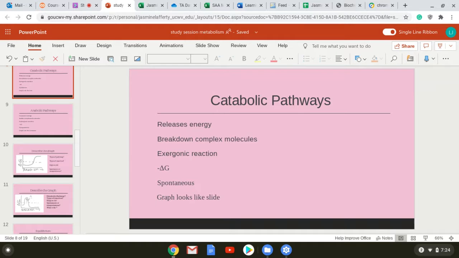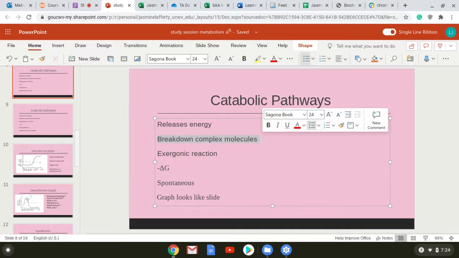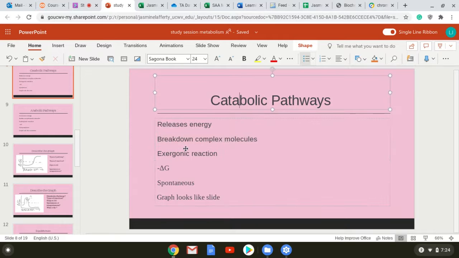Make a chart that has 6 boxes. Okay? Give yourself 1. So give like break down complex molecules. And you have to fill in the rest. So a catabolic pathway releases energy, breaks down a complex molecule, is an exergonic reaction, has a negative delta G, and is spontaneous.